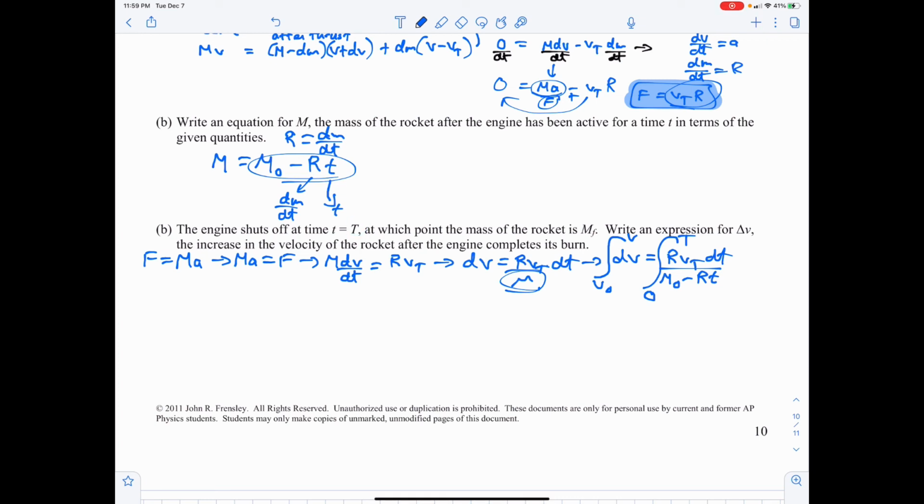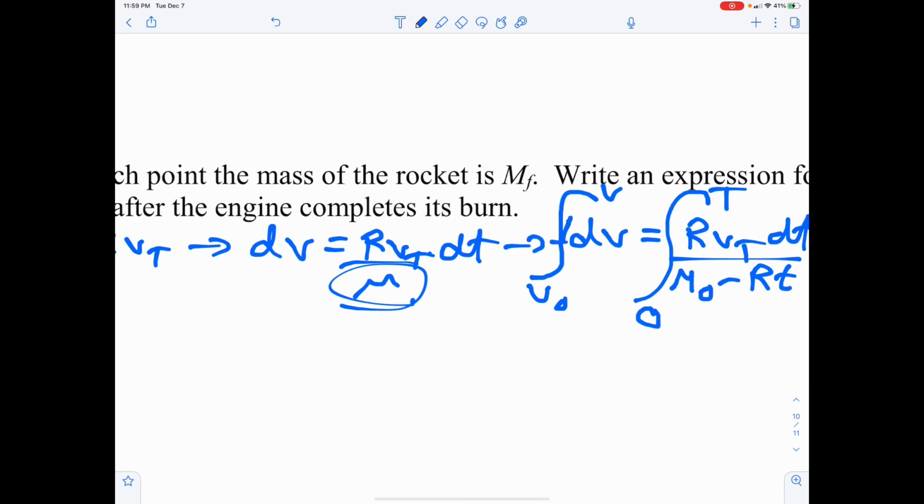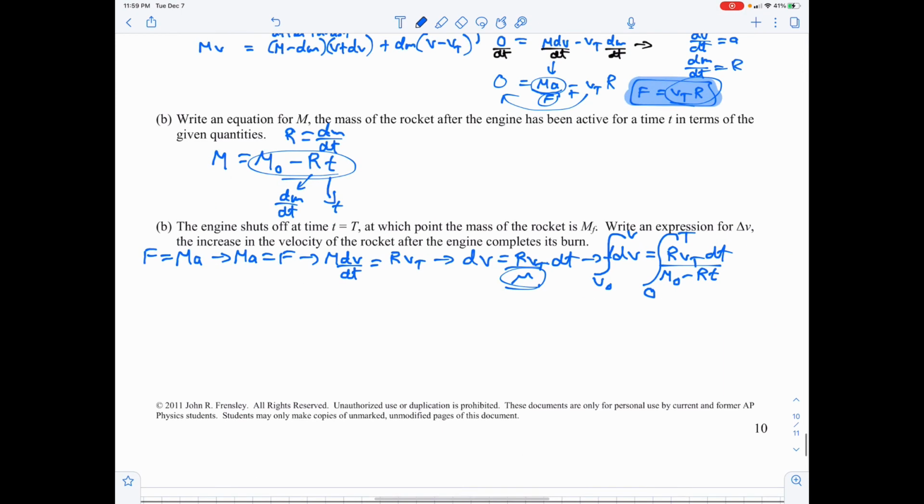because we'll start at time 0 and time t is the time at which the engine shuts off. Now we're integrating the left side, 1 dv. The integral of 1 with respect to v is just v, so that part's easy.